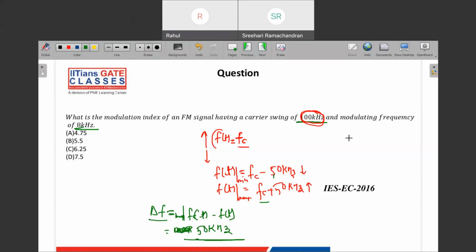Now, it is being modulated by the signal which has a frequency of 8 kilohertz. This is talking about the message. So fm, the maximum frequency content of the message, is equal to 8 kilohertz.